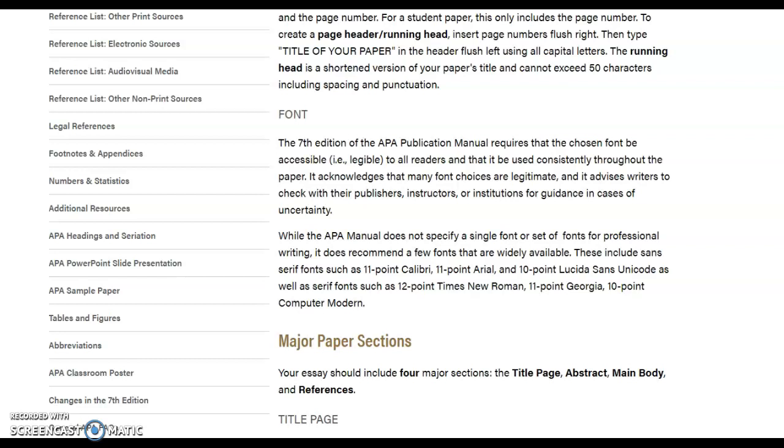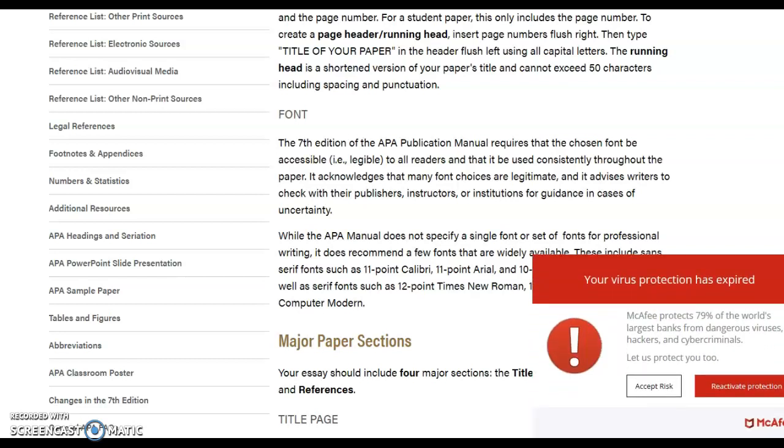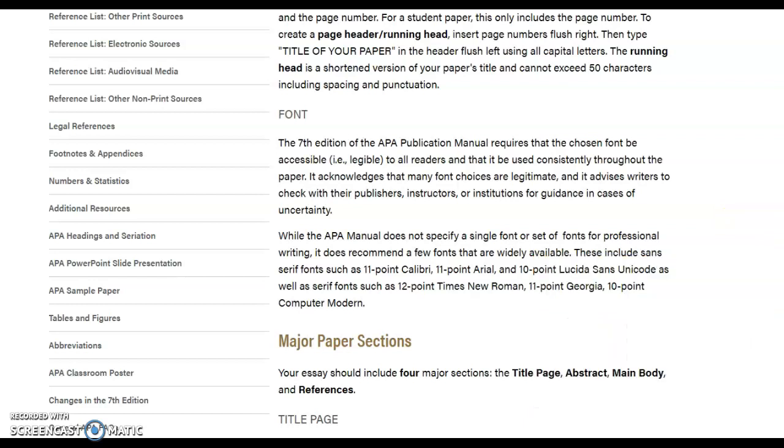So the sans serif fonts, the Calibri font, the Arial font, the Lucida Sans Unicode font, as well as 12-point Times New Roman, along with 11-point Georgia or 10-point Computer Modern. So you can use various fonts while writing in the 7th edition of APA format.